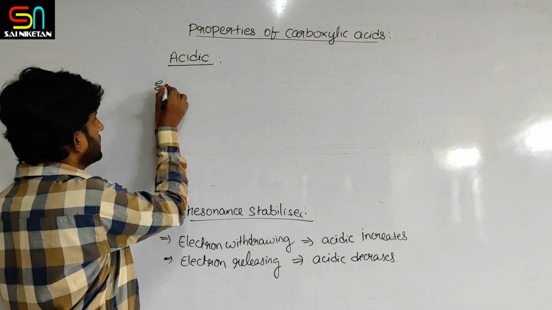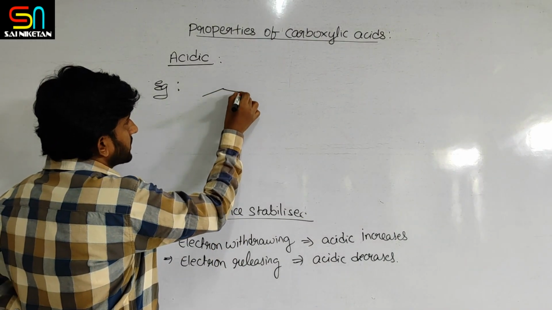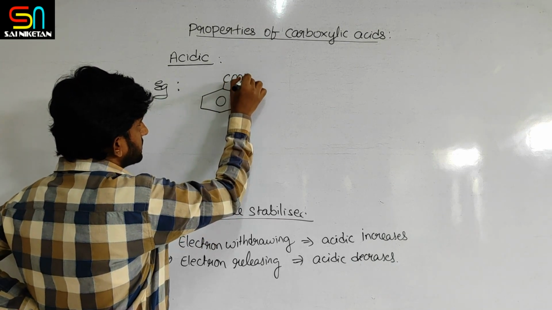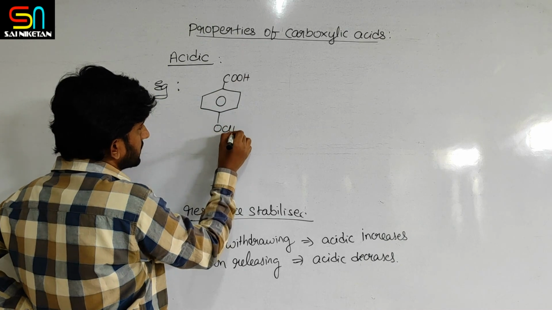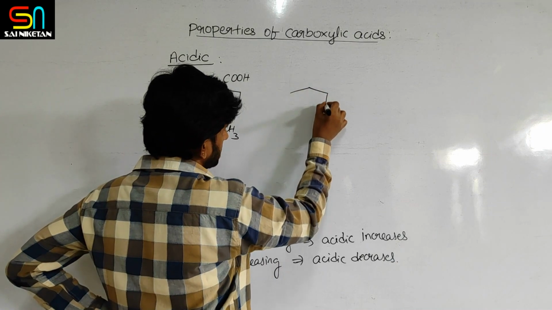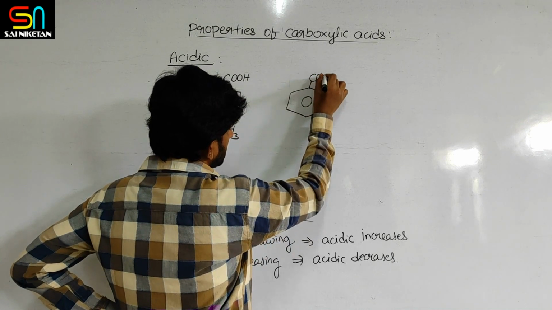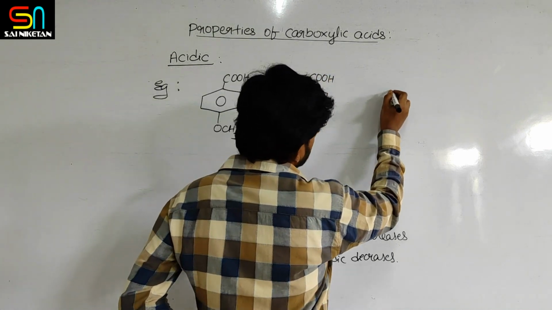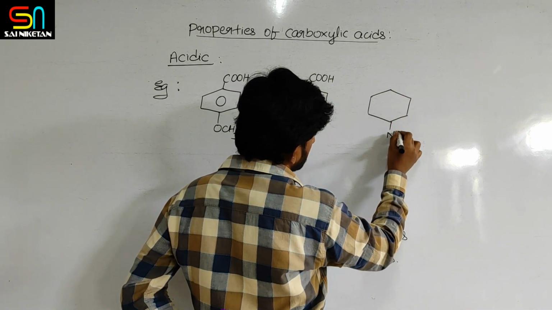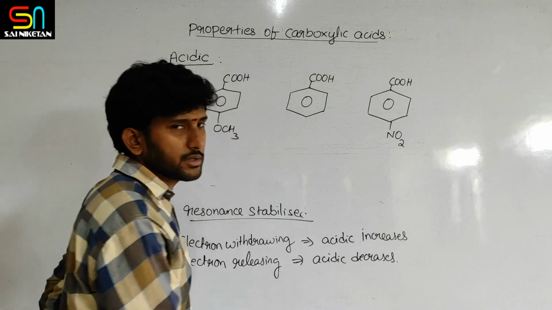Let us take one example in this case. Paramethoxy benzoic acid, normal benzoic acid, and let us take paranitro benzoic acid.